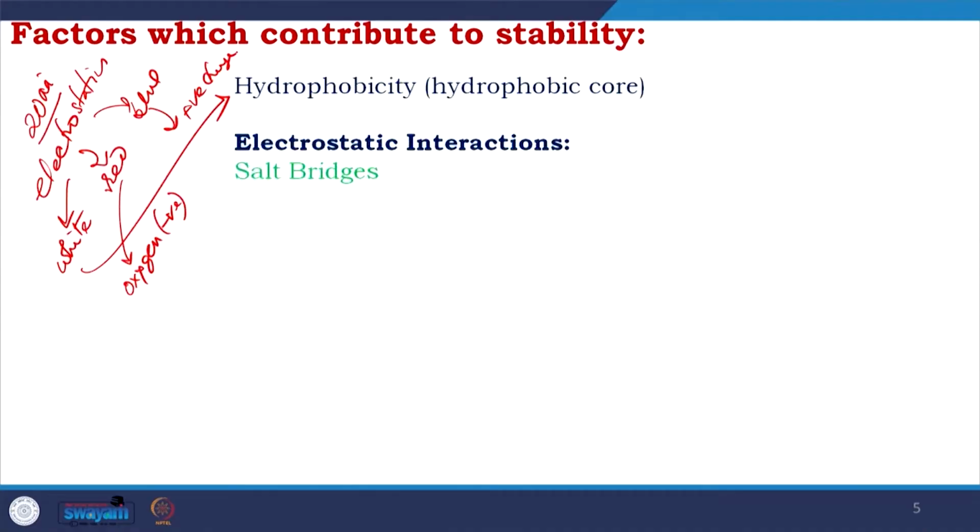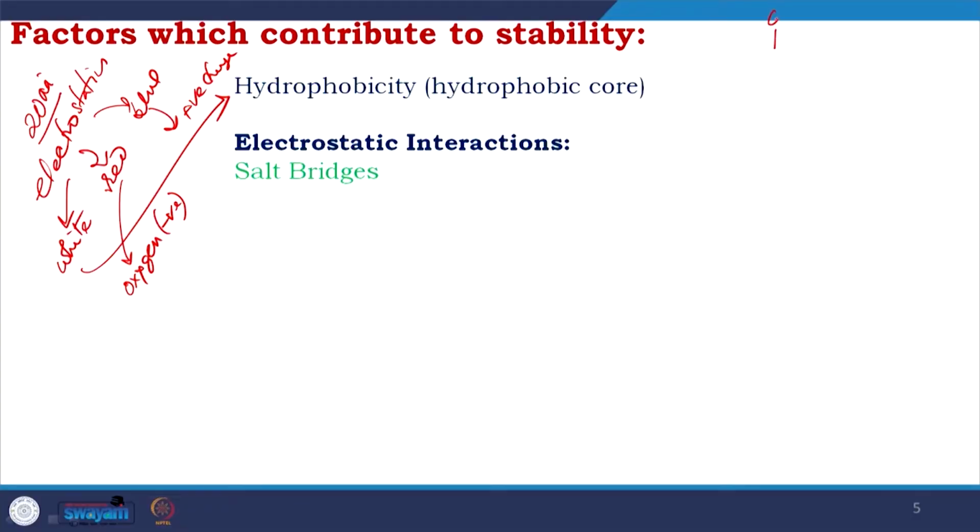One of them is salt bridge. What is a salt bridge? A salt bridge, in its stability or in its power, is in between the covalent bond and non-covalent bond. It is much stronger than a non-covalent bond and weaker than a covalent bond.